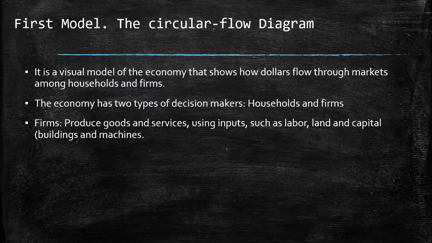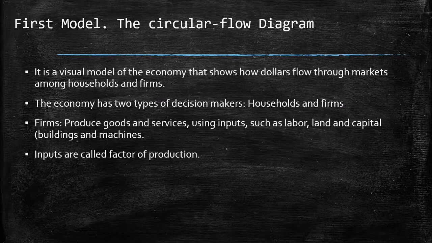These inputs are called factors of production. Labor, land, and capital come to the firm, and the output is a service or a good.